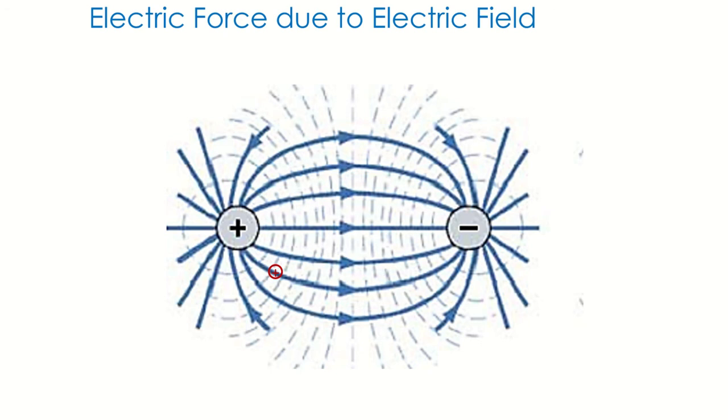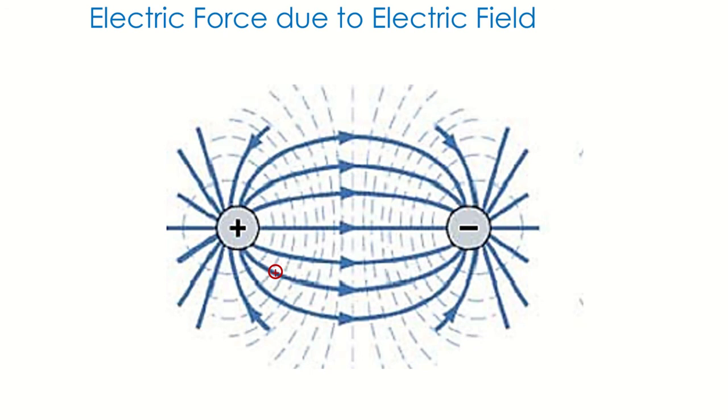And anywhere else if we place a charge, it moves along the field, either towards or away. It depends upon whether it's a negative charge or a positive charge, but the charges experience the electric force along the electric field.